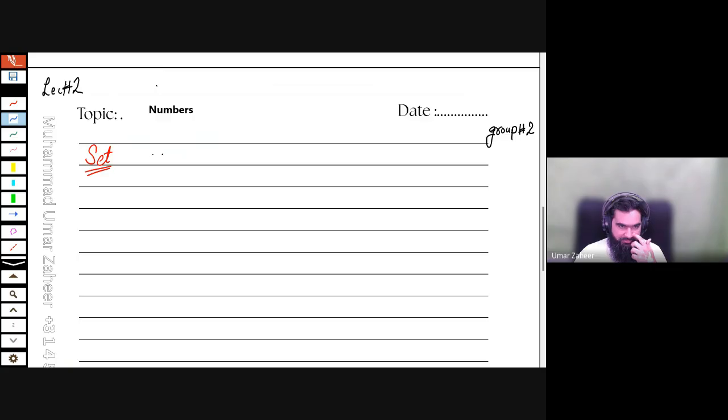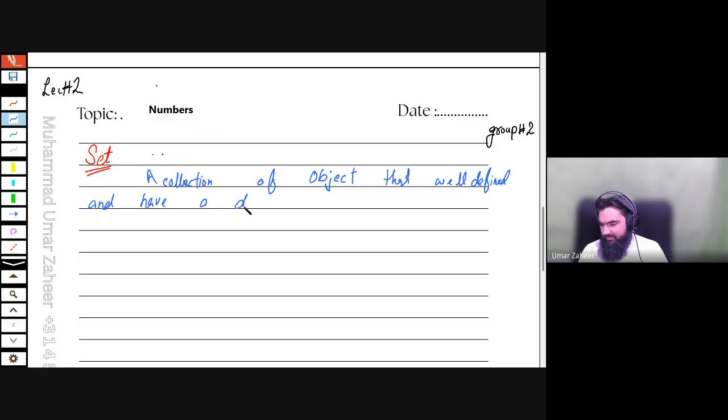Yes, it is a group of numbers, a collection of numbers, a collection of objects that is well defined and distinct. We have a collection of objects that are well defined and have distinct objects.